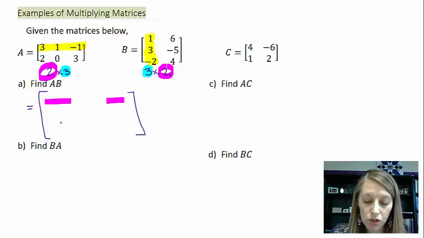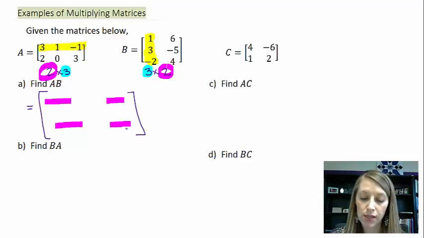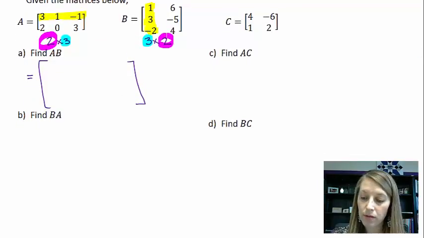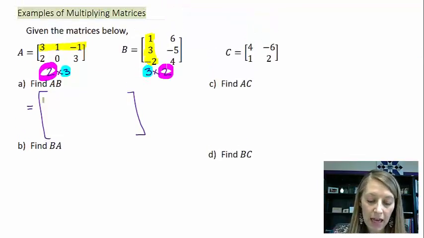So I'm going to have 1, 2, 3, 4 entries. This first yellow that I've highlighted here, let me put that in this yellow here. So I multiply each entry. So I have 3 times 1. So this one and this one.